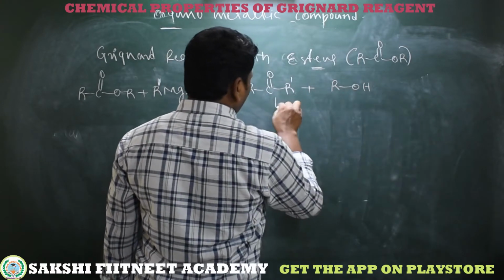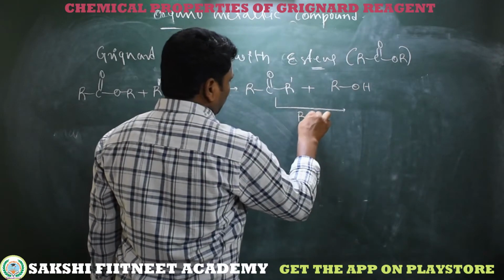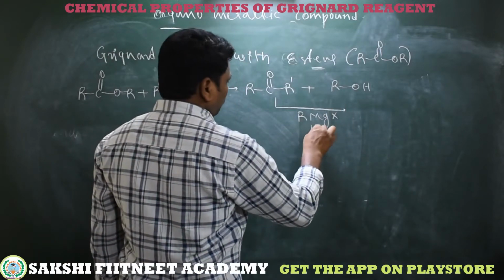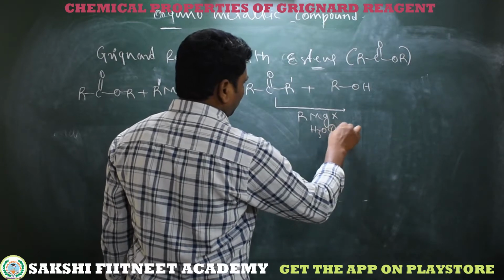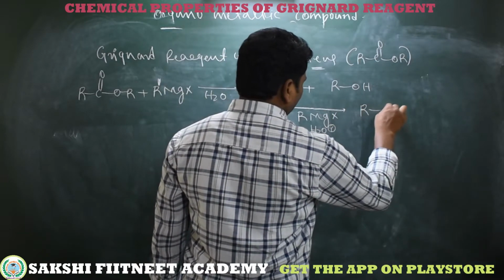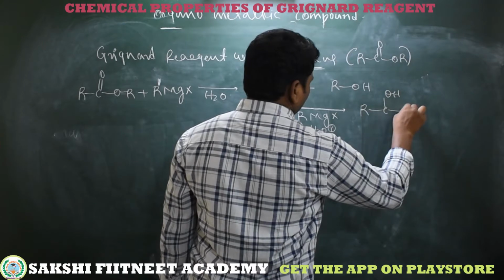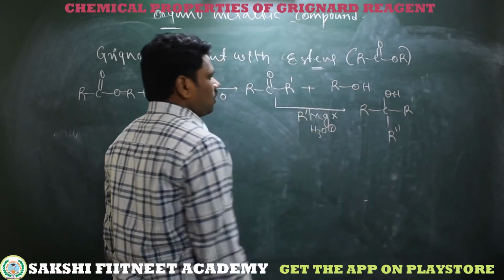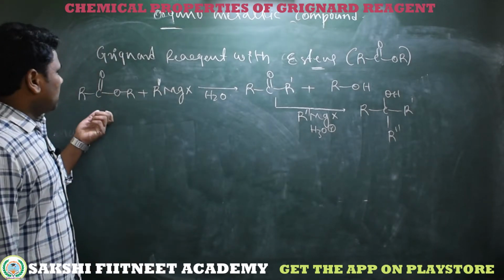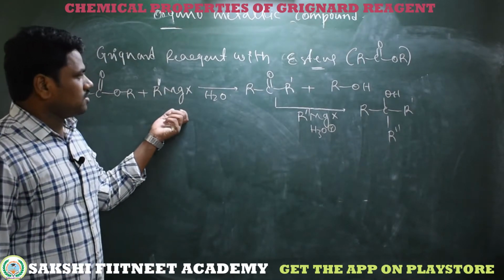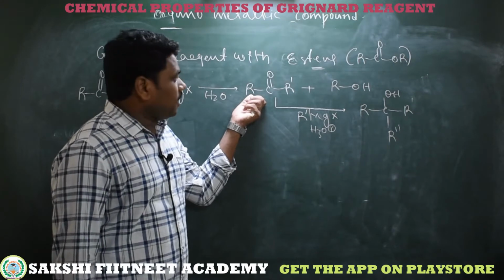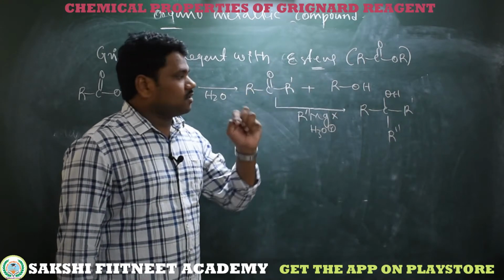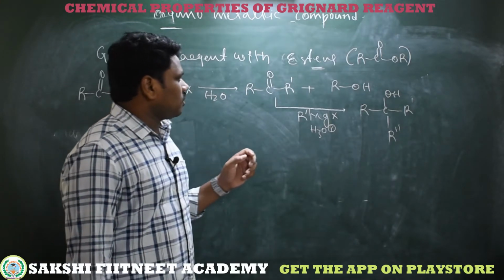Again this ketone, with one more mole of Grignard reagent followed by hydrolysis, we will get a tertiary alcohol. So simply, ester with one mole of Grignard reagent gives a ketone and an alcohol. Both these products we get in the first step, with 1 mole of Grignard reagent.